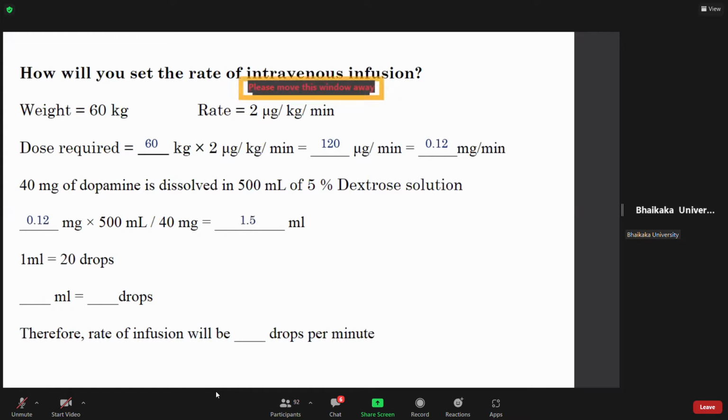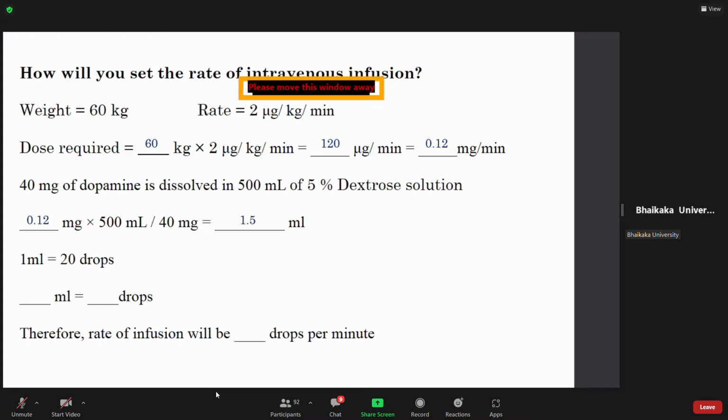And the answer is 1.5 ml of solution. Yes, answer is 1.5 ml. So we require to give 1.5 ml of dopamine solution in 1 minute. So in 1 minute, 1.5 ml of dopamine solution should be administered to the patient.